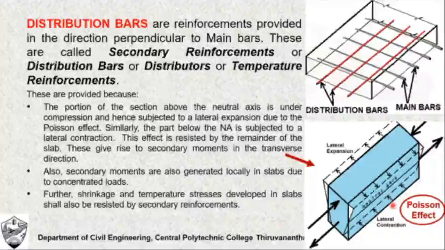This is a continuous slab where this is just 1 meter width, and when you subject it to external loads, such compressions occur, and as a result lateral expansions and contractions occur.